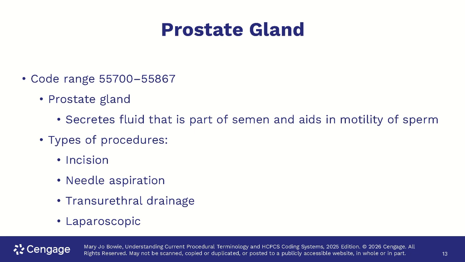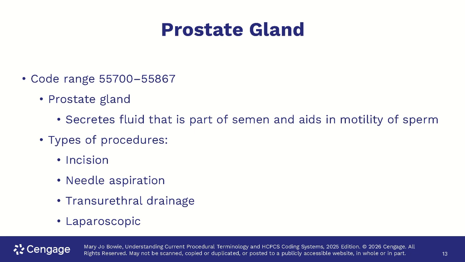And over here, you have incision codes. There's a note that tells you, if you use imaging guidance, you can report it if appropriate, unless the code says you can't. Then we also have needle aspiration and transurethral drainage codes.